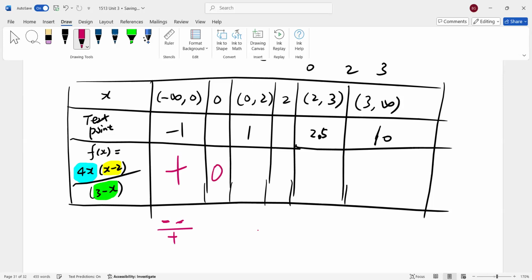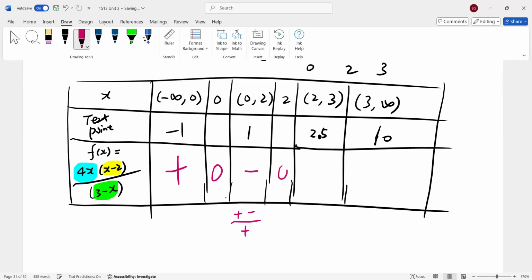At 0 is 0. At 1, now let's plug in 1. 1 would make the blue positive, make the yellow negative, make the green positive. 3 minus 1 is positive, right? So negative.